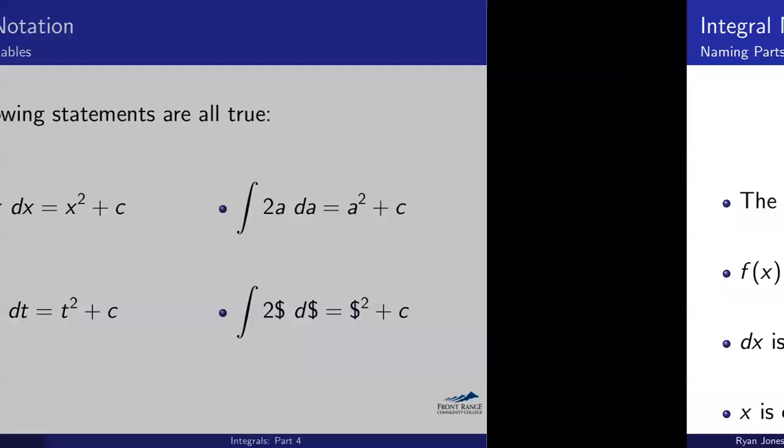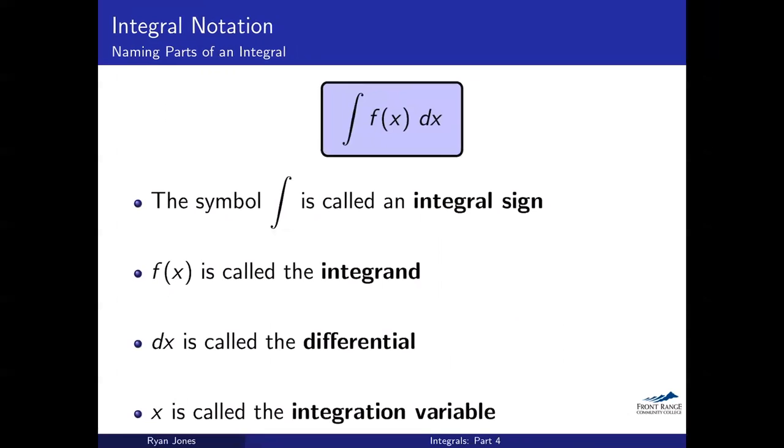All right. So finally, we've seen these integrals over and over. Let's actually go ahead and get into the naming, the parts of an integral, and actually breaking down what this is saying. As you could probably surmise, this elongated S looking symbol is called an integral sign. When you see that, it means, hey, I'm taking an integral of whatever follows it.